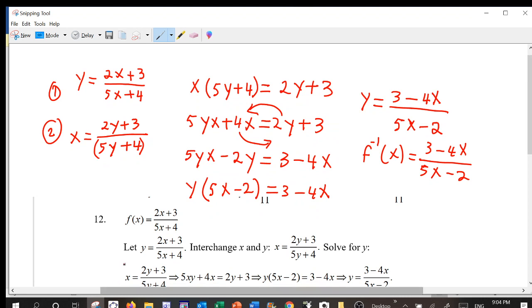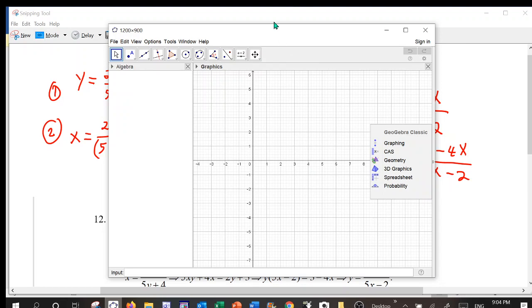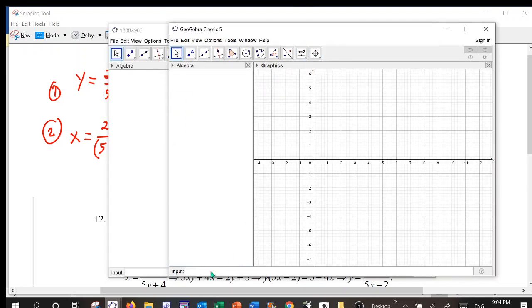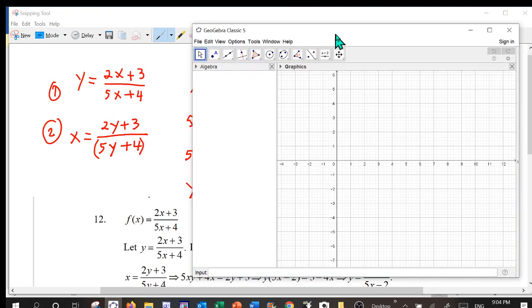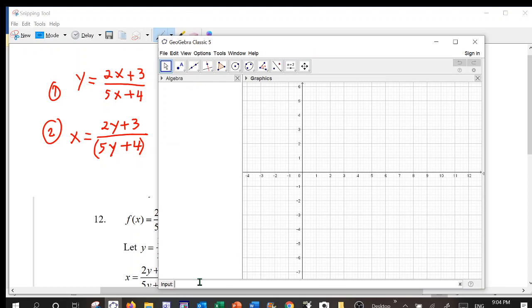Now, if we graph this with a computer or calculator, let me graph these two. I'm going to do y equals (2x plus 3) divided by (5x plus 4).